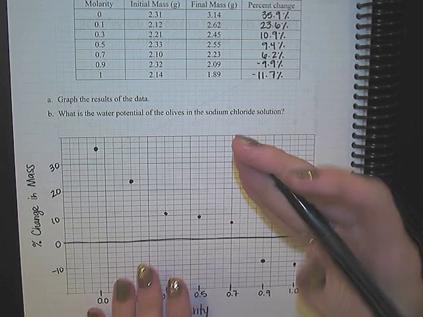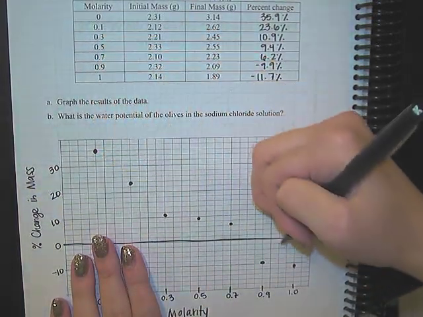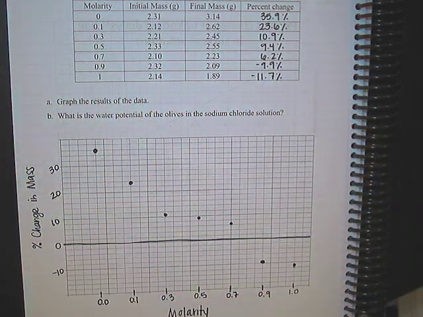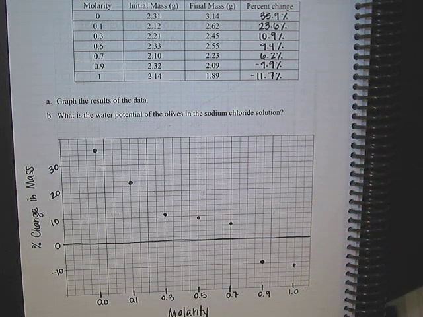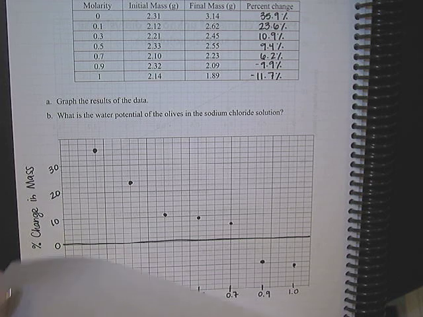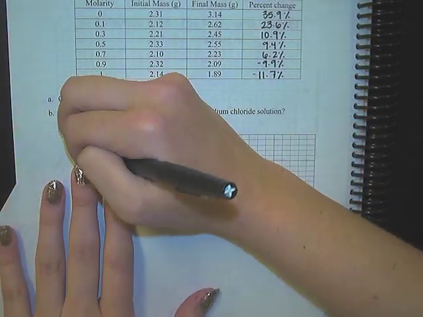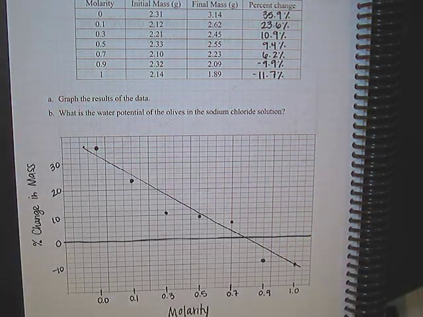So I'm going to draw my best fit line somewhere that's going to cross essentially where these dots would be going if I could only fit one line. I'm going to take a straight edge too. I'm going to say it'd be somewhere like this-ish. Okay, your line might be a little different than mine, but this is about where my best fit line was drawn.